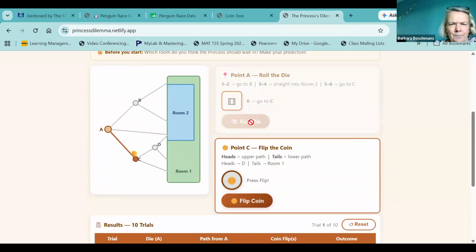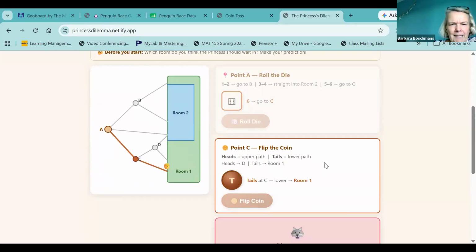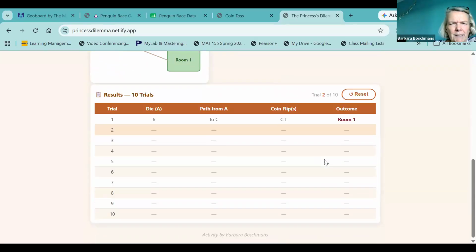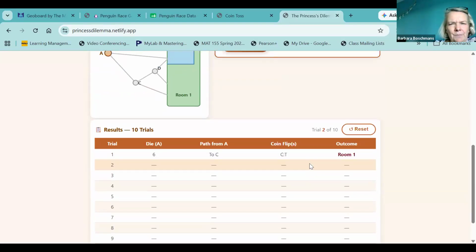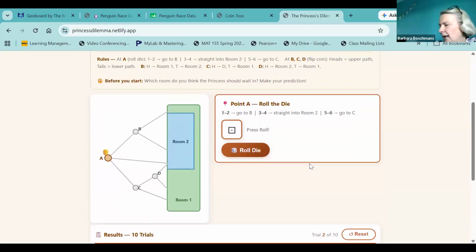Then I'm going to flip a coin and I end up in room 1. This is the whole path, but for trial 1, you end up in room 1. This is 10 trials. You can go ahead and do it twice, so you actually have data on your sheet for 20 trials.